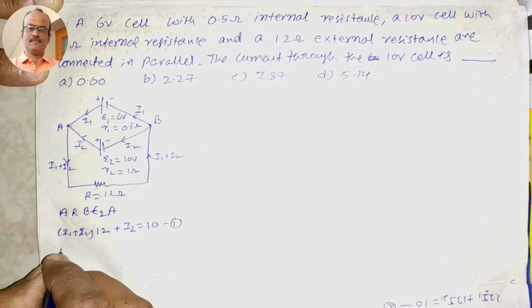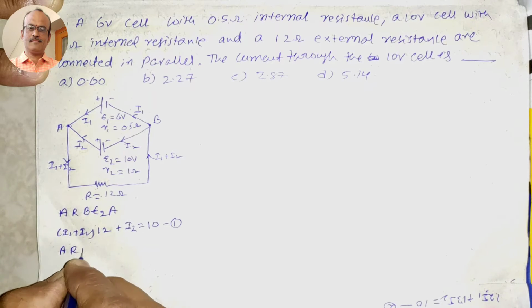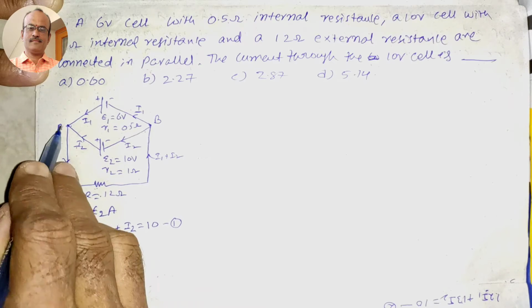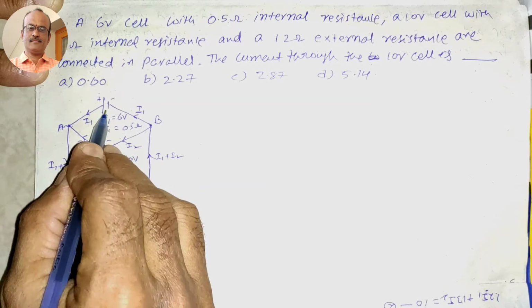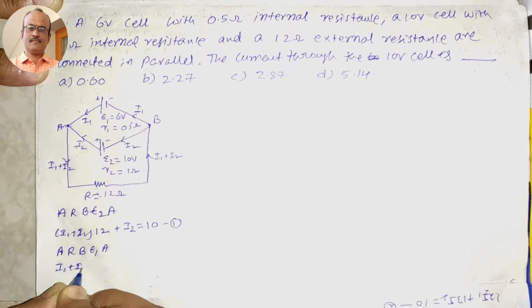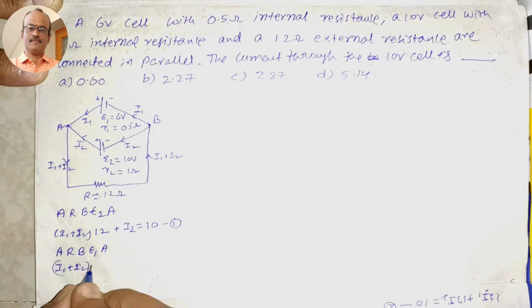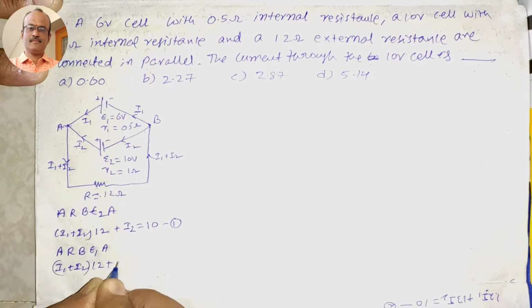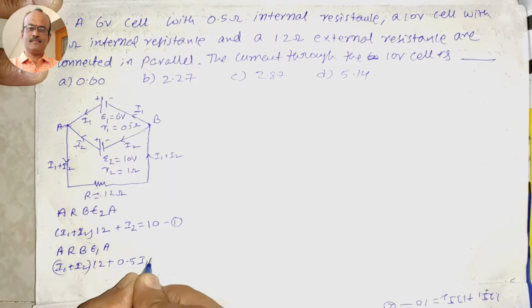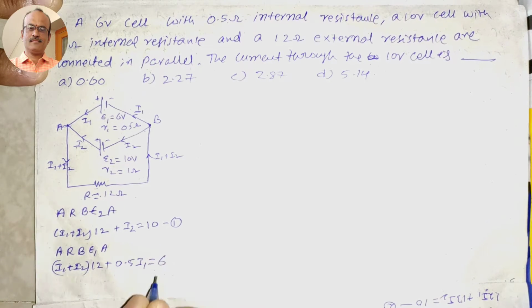Next, another loop, A, R, B, E1, A. So this is another loop. In this loop I will take this one as I1 plus I2 into 12 plus 0.5 I1 is equal to 6.